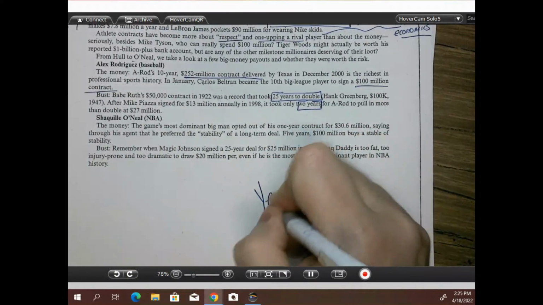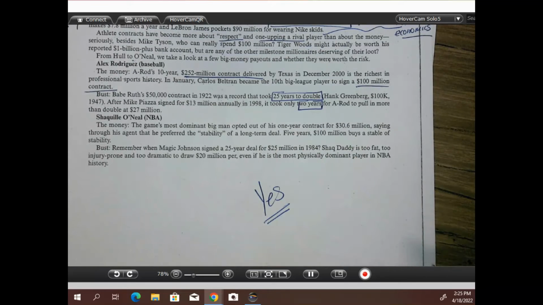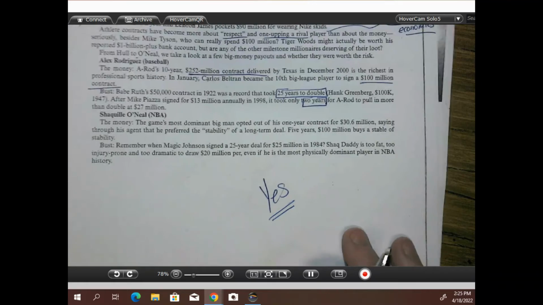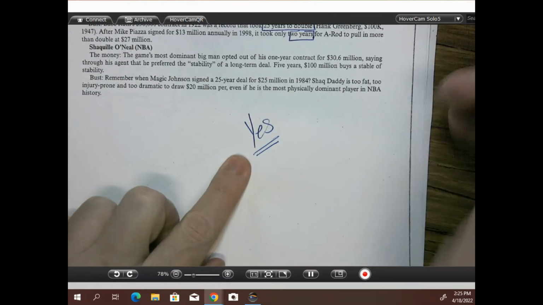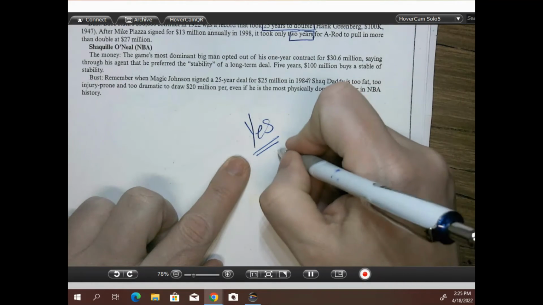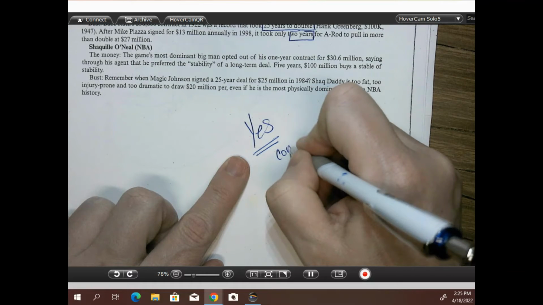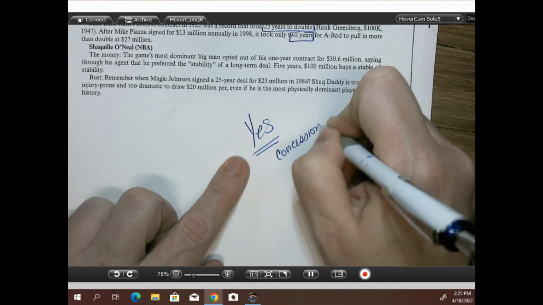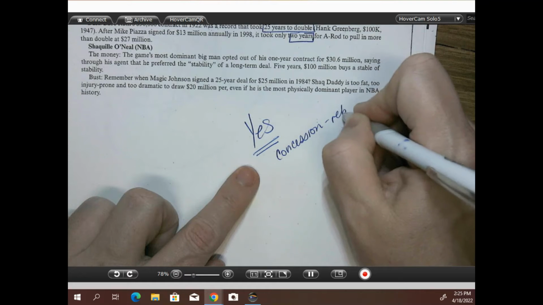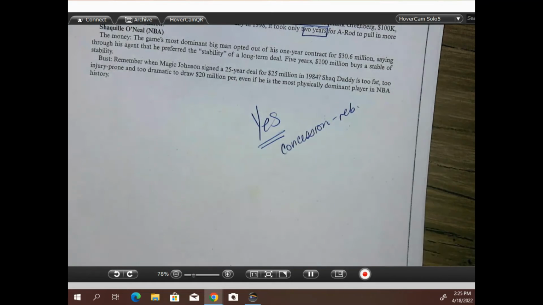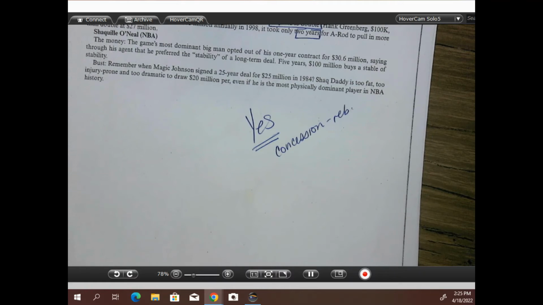I can either agree with them and say, yes, they're overpaid, and then build my argument. If I do that, what do I need to have? I need to have a concession. And because I know I need a concession rebuttal, I can start looking at the other articles for evidence that I can rebut.